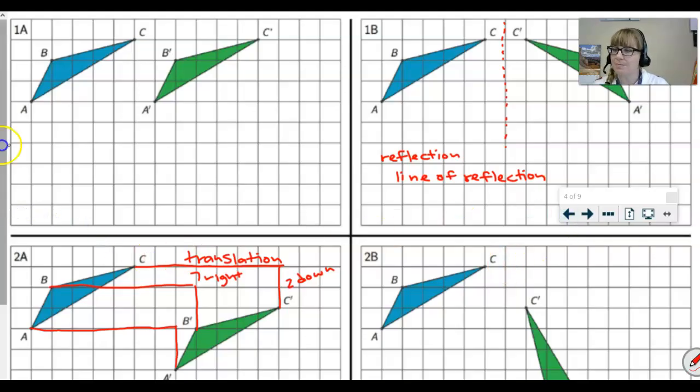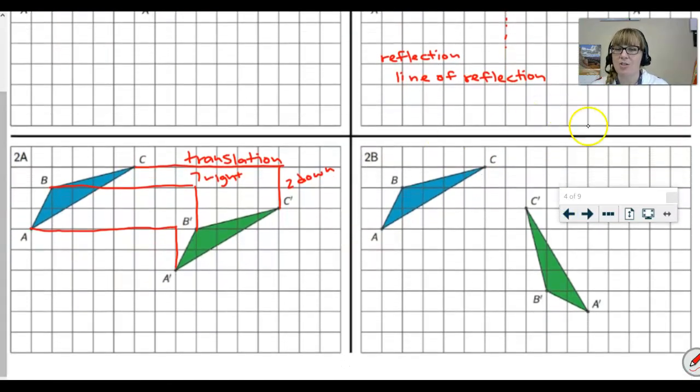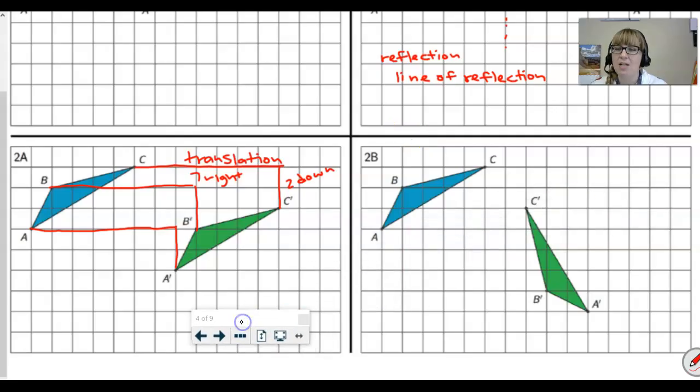And 2B is the most challenging of all. Think about what is happening to this image. How would we need to describe that? This is a rotation. And when we are describing a rotation, we need to know which point we're rotating around.